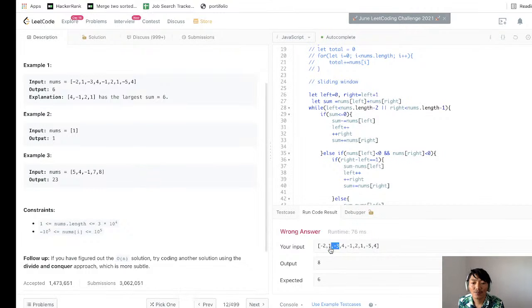So this time sum is -2, but what we needed to do was left, which one is 1, left minus the sum -2, that becomes sum -3.